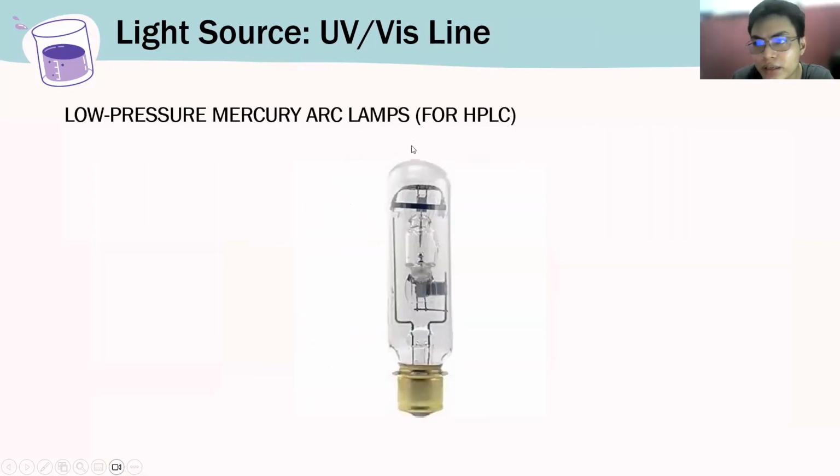Next, we have what we call low pressure mercury arc lamps. They're used in HPLC, high performance liquid chromatography, as one of the light sources for the detector.